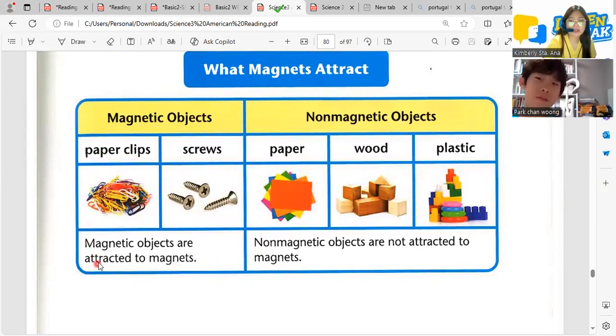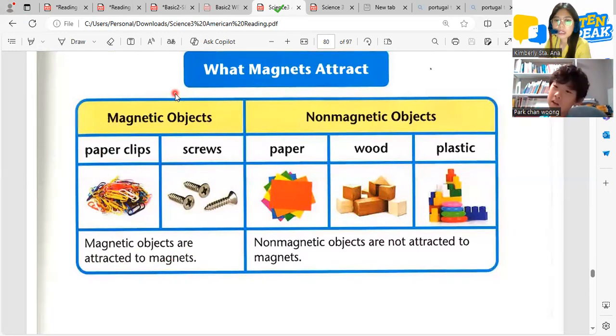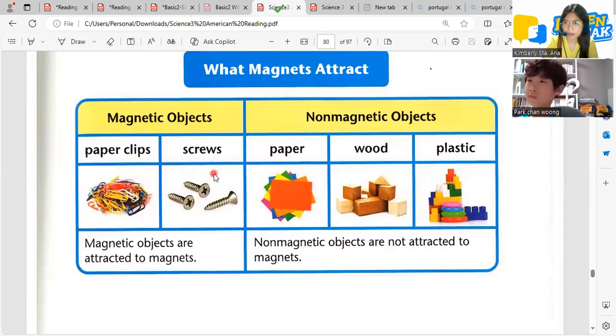Can you read this part for me? Magnetic objects are attracted to magnets. Yes. Can you show me something in your room that is magnetic? Oh, yeah. That's nice.